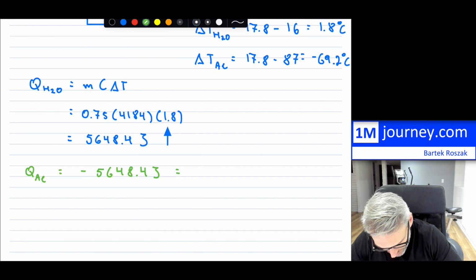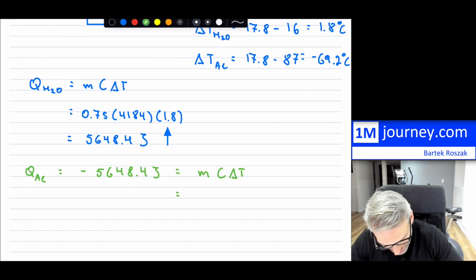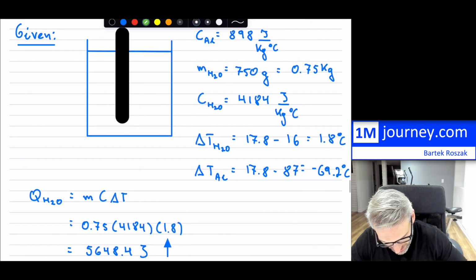This is equal to mc delta T, but of course this is all for aluminum. So let's plug in all the numbers. We don't know what the mass is, that's what we're trying to find. The specific heat capacity for aluminum is 898.